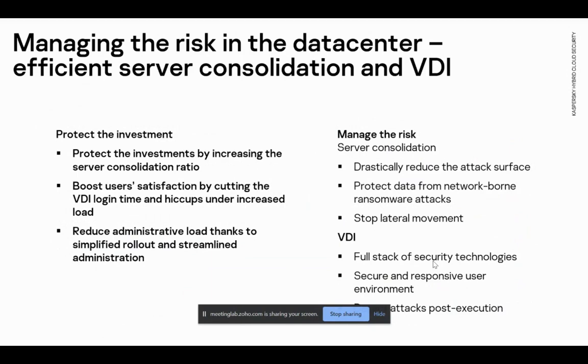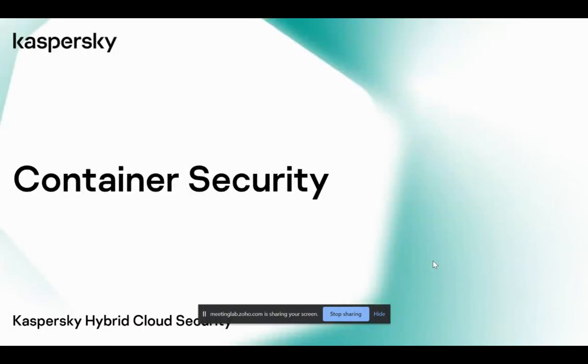Virtual desktop infrastructure, also known as thin clients, you already know that, right? It's basically very light in terms of resources, right? So it helps in greatly reducing the resources with our Kaspersky hybrid cloud security for VDI.